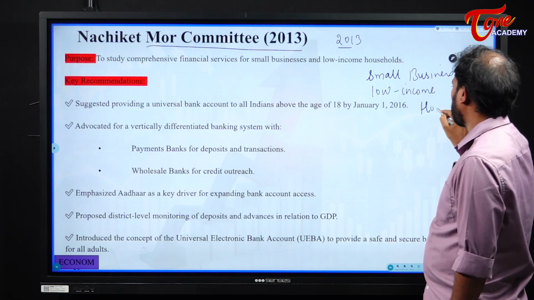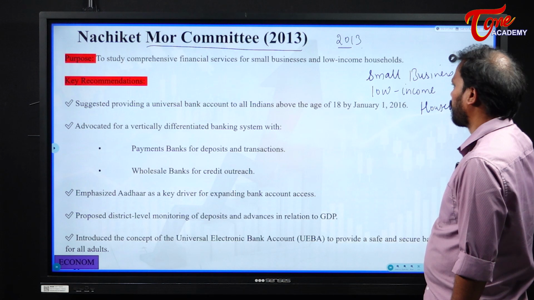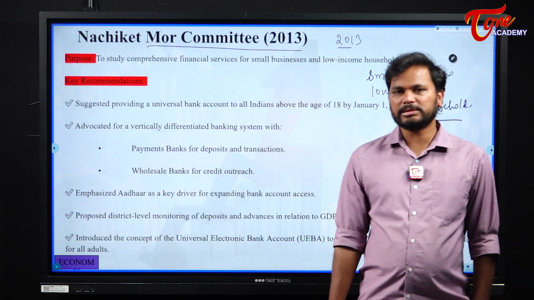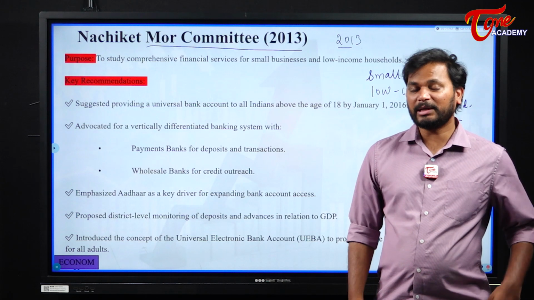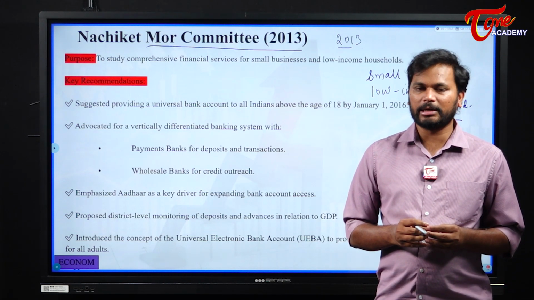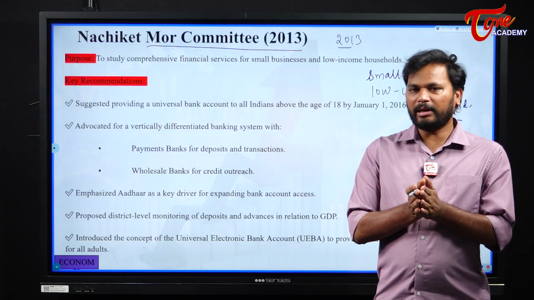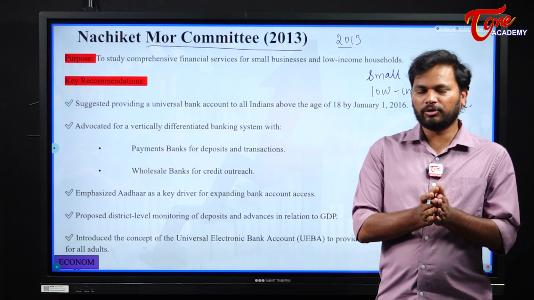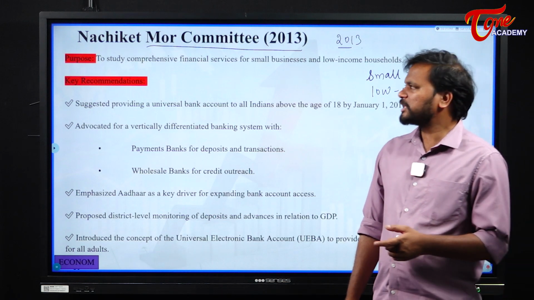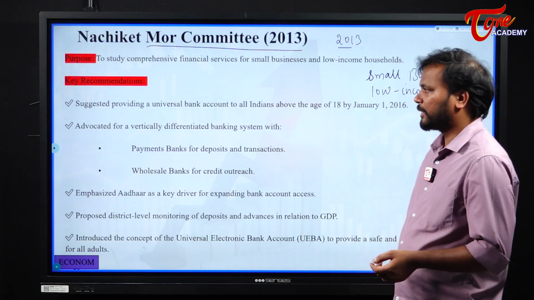See, generally the small businesses and low income households are more located in the rural areas. So for the development of low income groups, especially in rural areas and also in urban areas, this particular committee made certain recommendations.